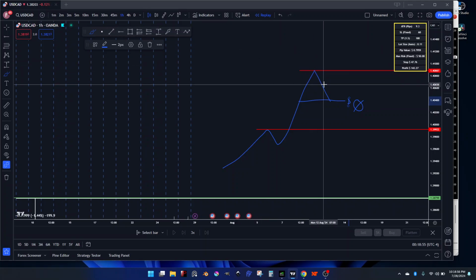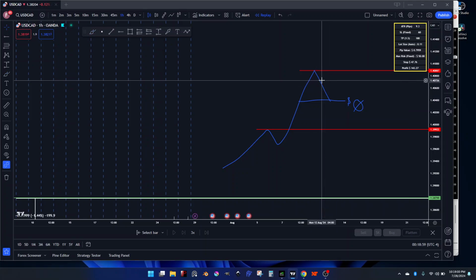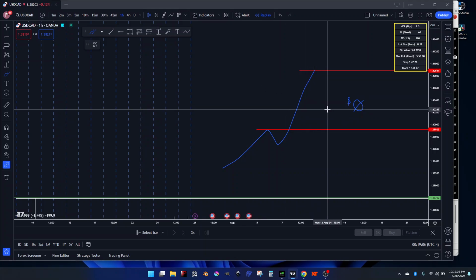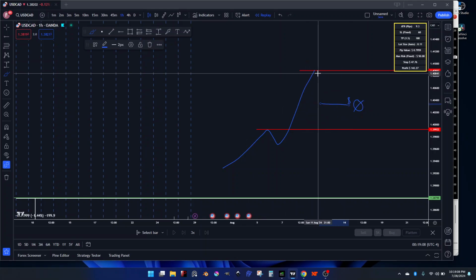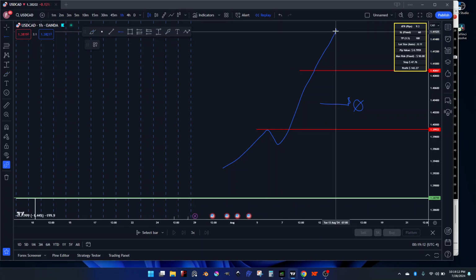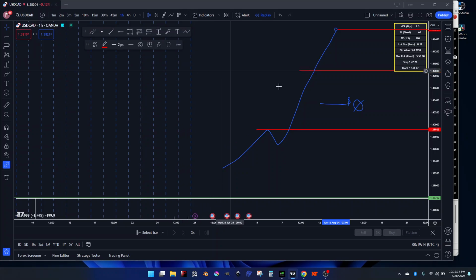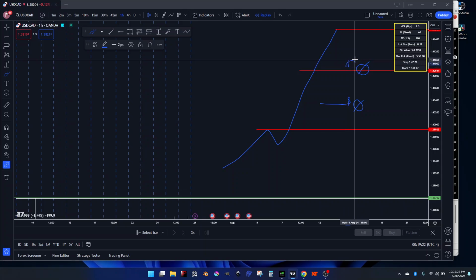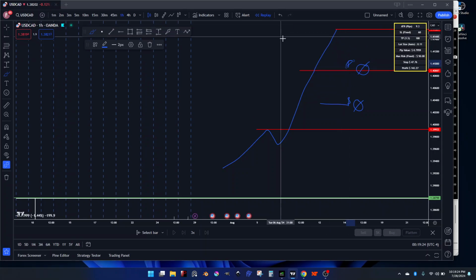If you get where price is going to continue up and not stop there, like in the case that we just looked at, and you go up to here and you enter a final position here, your break even will be the second entry for $0. And then so on and so forth.